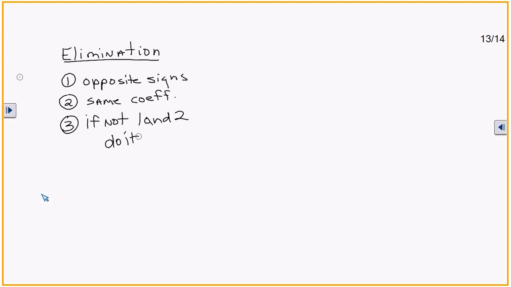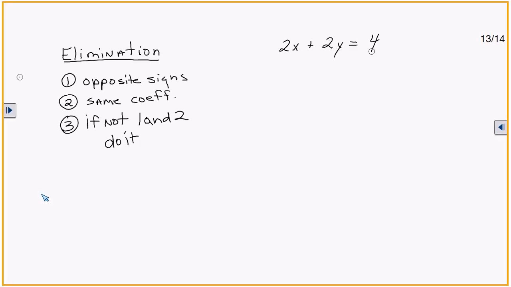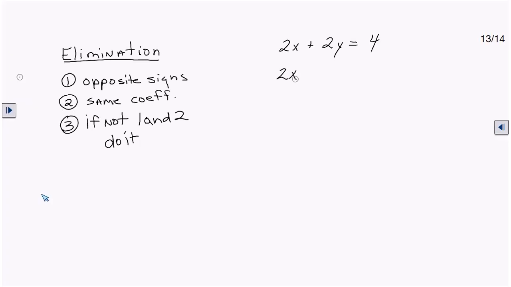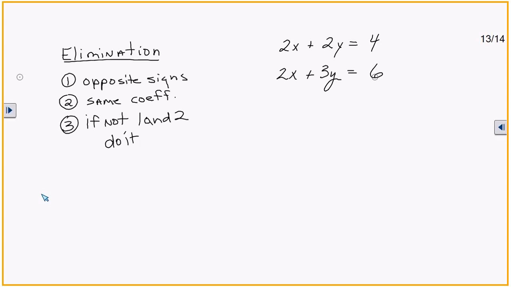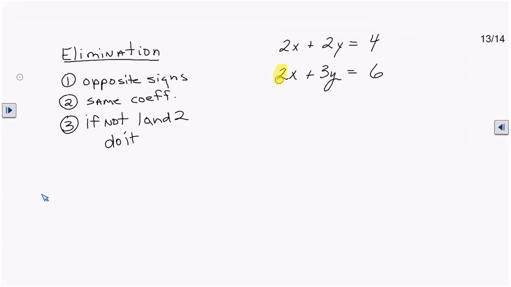So our first equation was 2x plus 2y is equal to 4. The second is 2x plus 3y is equal to 6. Now, I don't have opposite signs, but I do have same coefficients.